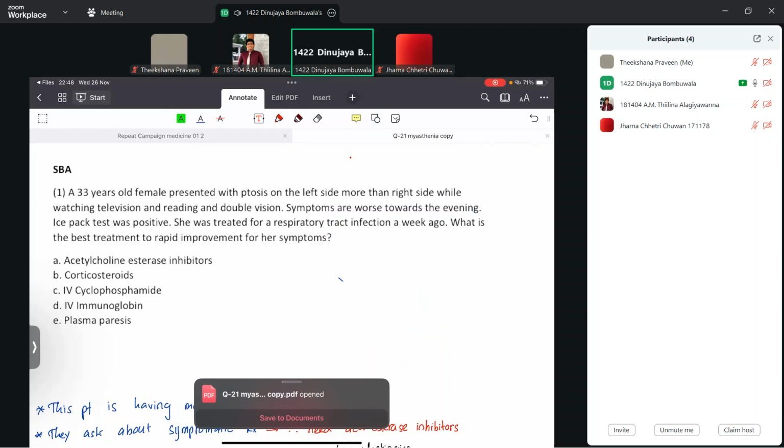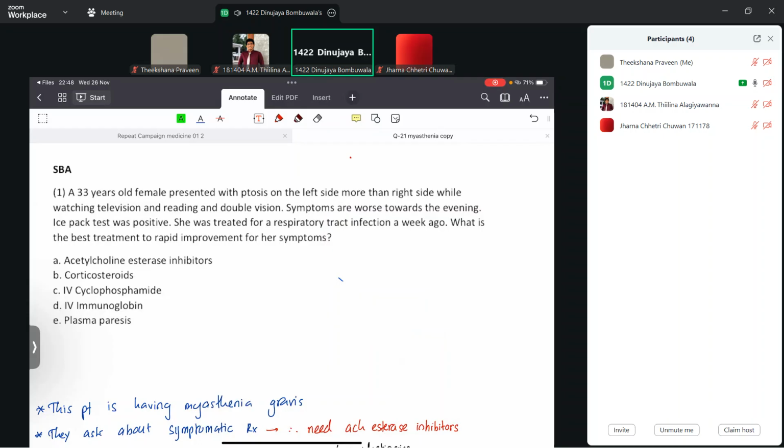33 years old female presented with ptosis on left side, more than right side. That means asymmetrical. While watching television, reading, double vision. Double vision means extraocular muscles are involved.